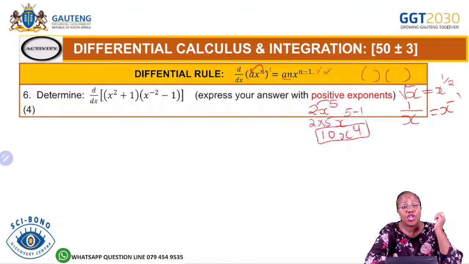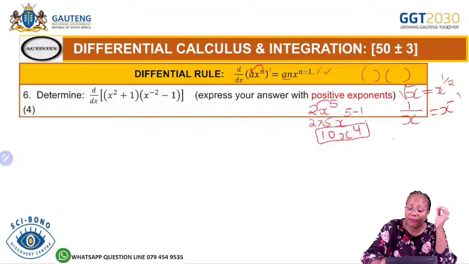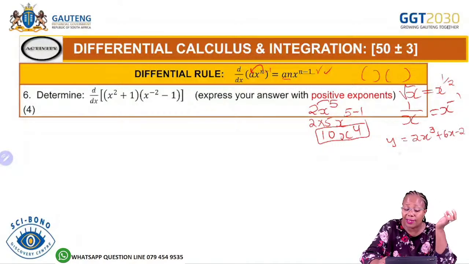And then there is a notation, grade 12, that you must also take care of. Your equation can be given in terms of y is equal to 2x to the power 3 plus 6x minus 2. If you are having something like that, the minute you start deriving, you must tell us that this will be dy/dx. So there are specific notations that you use.